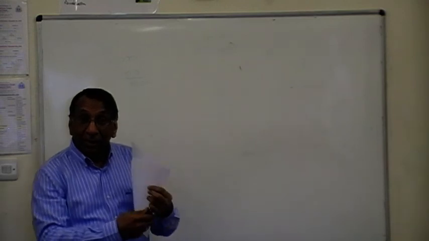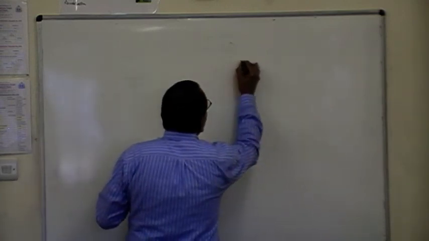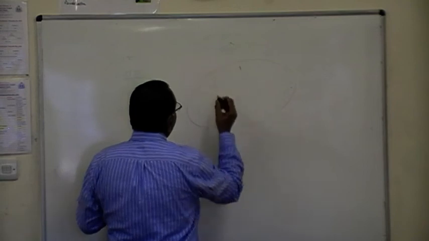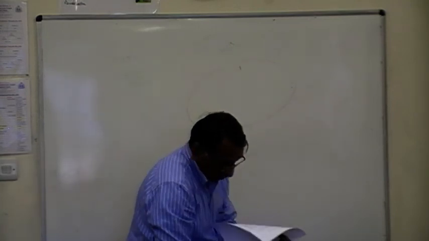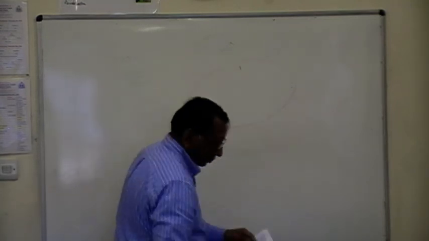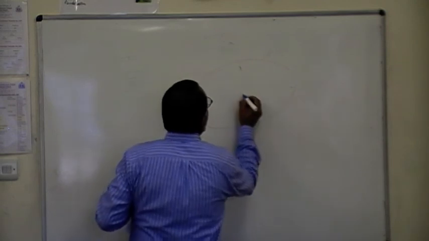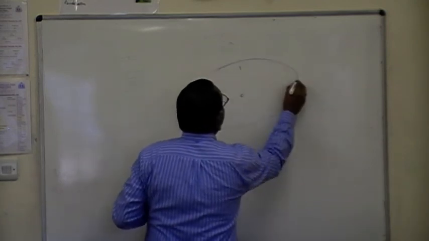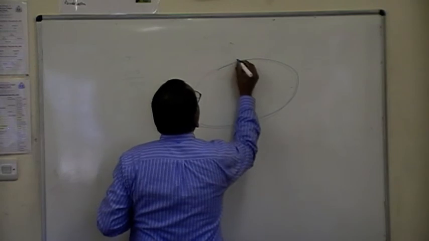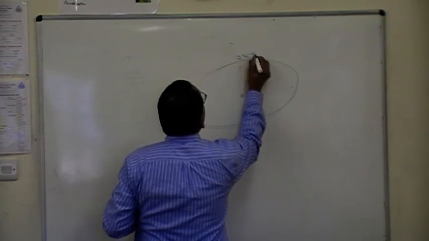So let's see. This is the moon orbit around the earth. It takes 28.5 days approximately.